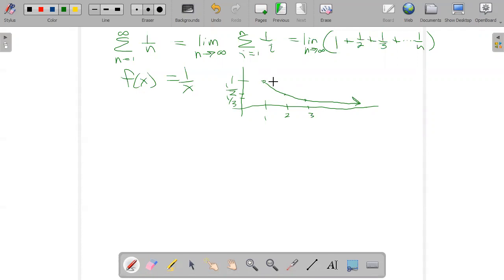Then in this case, I'm going to look at left-hand endpoints, and these rectangles here are these things I'm adding. So there's 1, there's 1/2, next one here is 1/3, and so on down the road. Looking at this, I can see the integral from 1 to infinity of 1 over x dx is smaller than the sum as n goes from 1 to infinity of 1 over n.